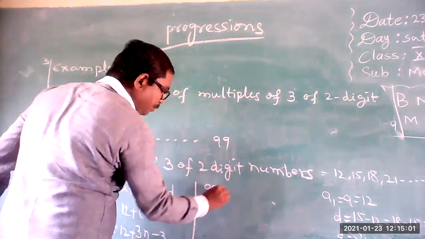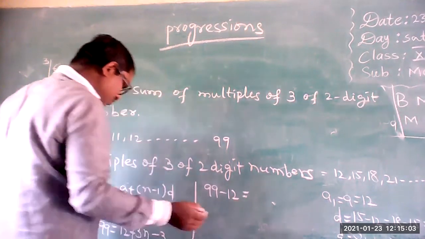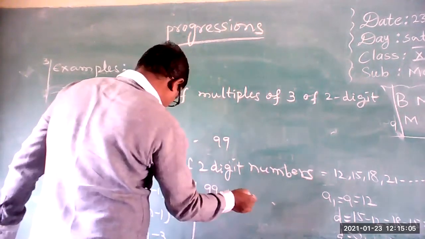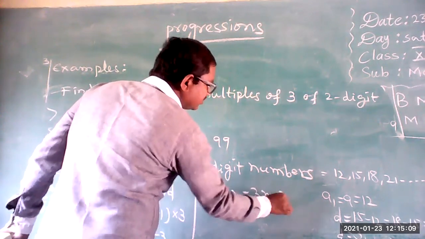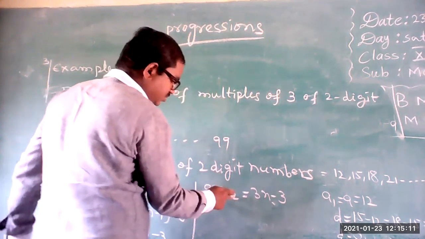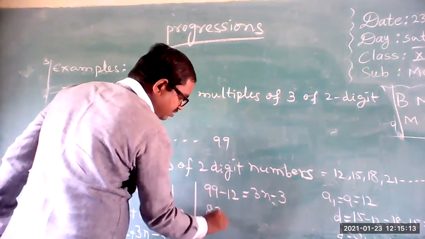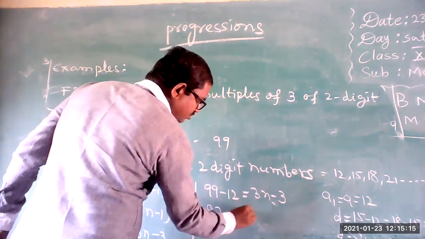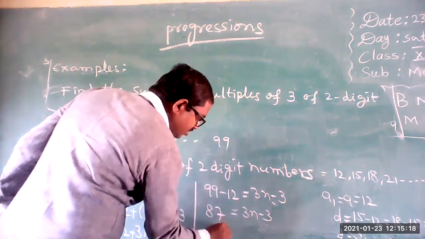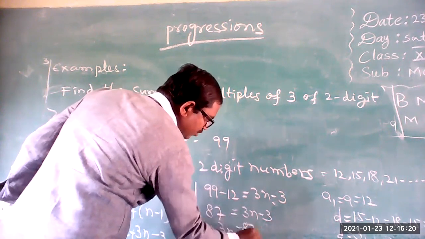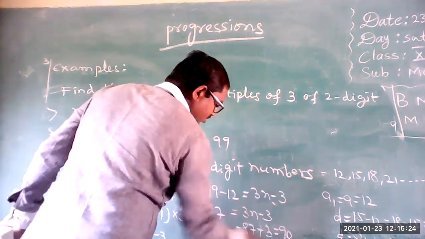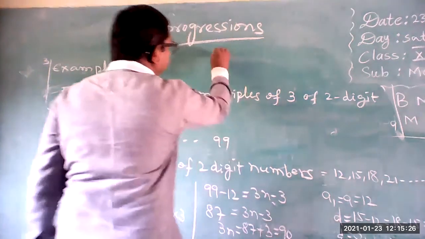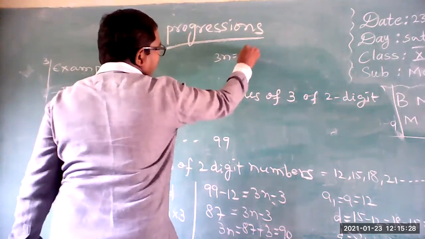So 99 minus 12, which is 87, equals 3n minus 3. So 3n equals 87 plus 3, which is 90.